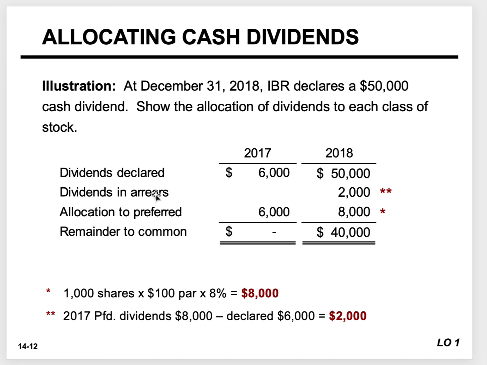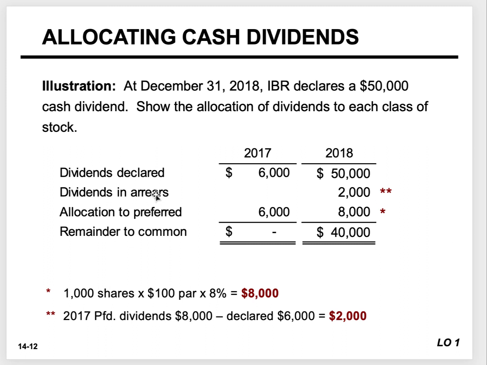How much did we allocate to the preferred shareholders? Well, we gave them all $6,000, right? Why? Because they're preferred shares. They have to get paid before any common shareholders. That's number one. Number two, it's a cumulative preferred share.